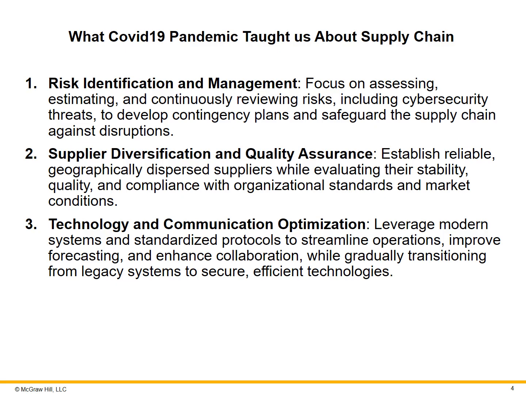The world taught supply chain many things after COVID-19. Three things can be mentioned according to what you see on the screen. First one would be about risk identification and management.